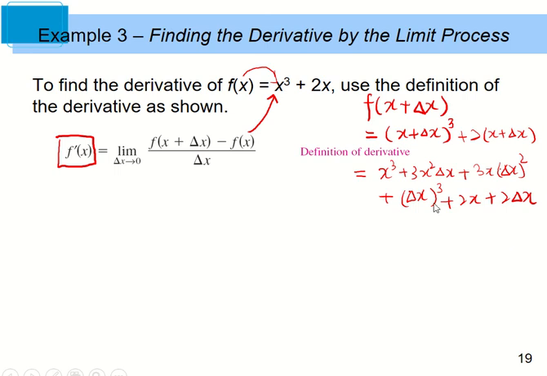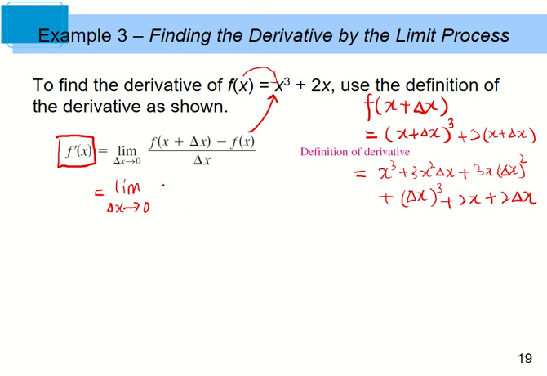Now, what are we going to do next? We are going to substitute this one into here. So this is f(x plus delta x). So substitute into here. Okay, so we write the f prime x again.